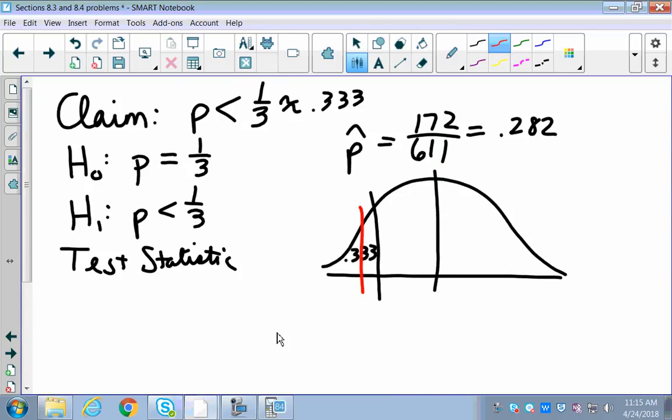If we find our Z, what does my formula say? It's P hat minus P divided by the square root of P times Q over n. Is that right?